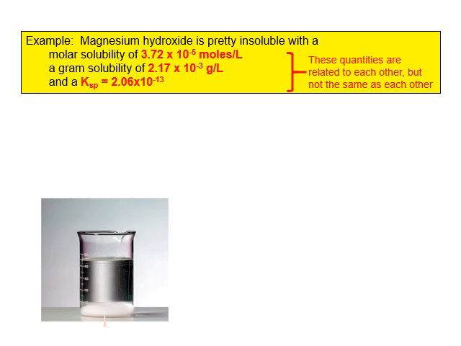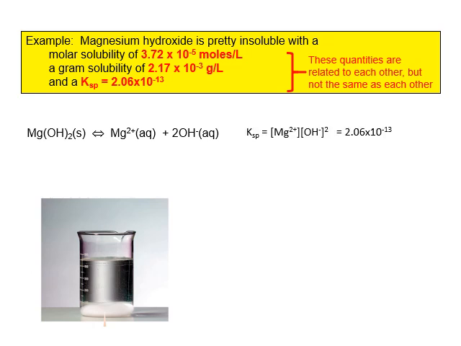Let's write the reaction for the dissolution of magnesium hydroxide solid in water. When magnesium hydroxide solid is added to a beaker of water, some of it will dissociate to form magnesium 2+ ions and hydroxide ions. We can write an equilibrium constant for this equation, following all the same rules that we've learned before.